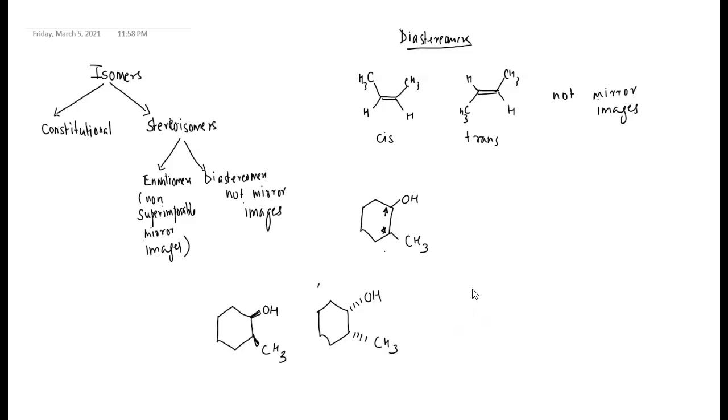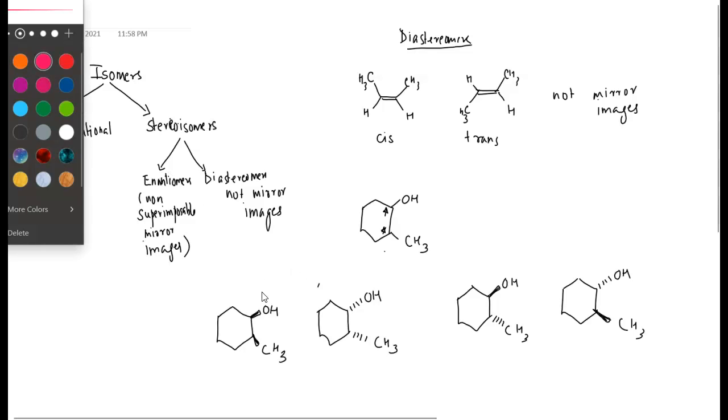I can also draw a structure where OH is pointing up, however CH3 is pointing down, and then the mirror image of this would be where the OH is pointing down and the CH3 is pointing up. Correct? So the relationship between these two is that of enantiomers, and the relationship between these two here is also enantiomers.